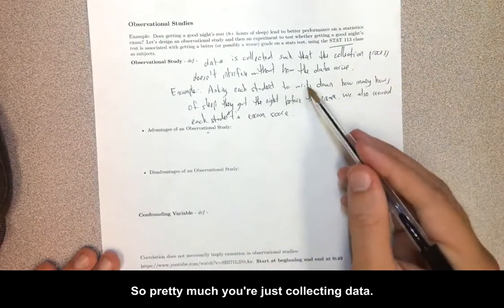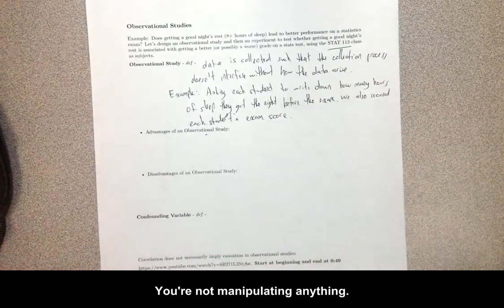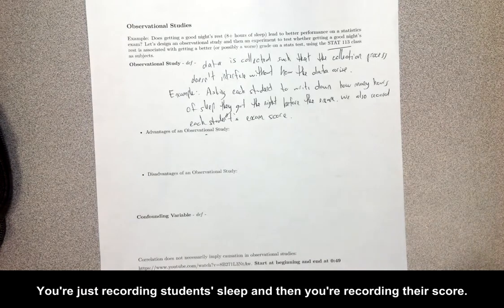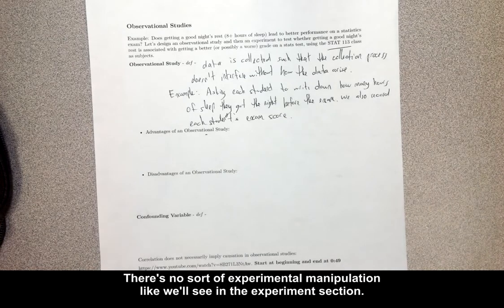So pretty much you're just collecting data. You're not manipulating anything. You're just recording students' sleep, and then you're recording their score. There's no experimental manipulation like we'll see in the experiment section.